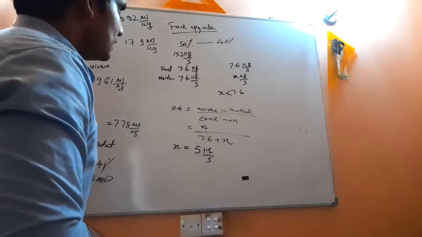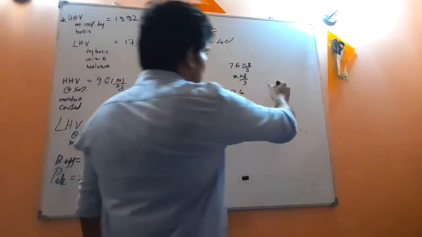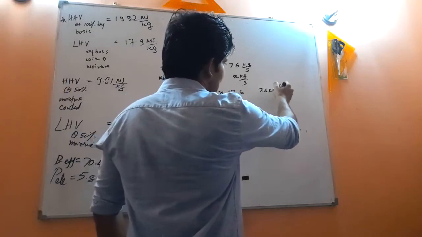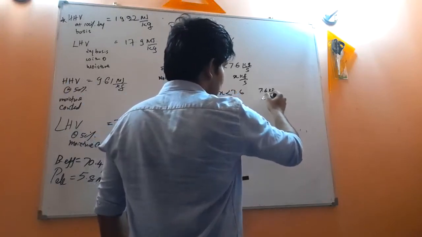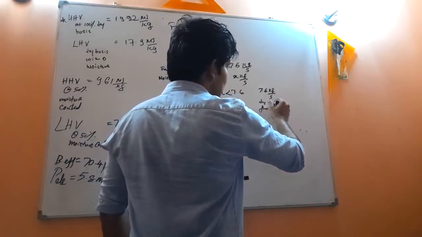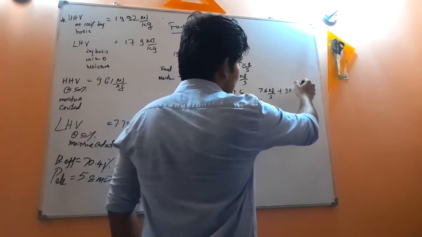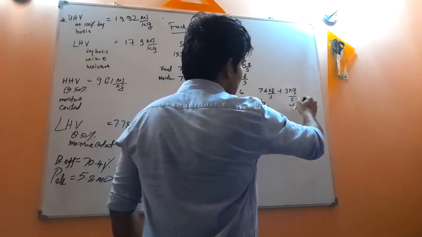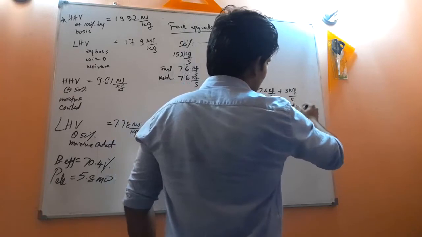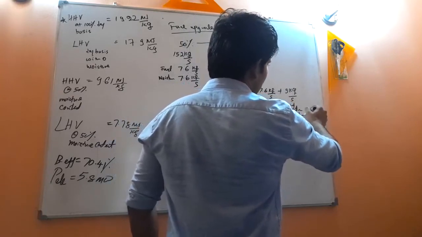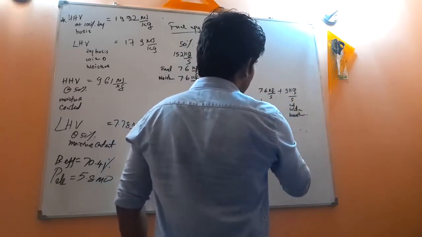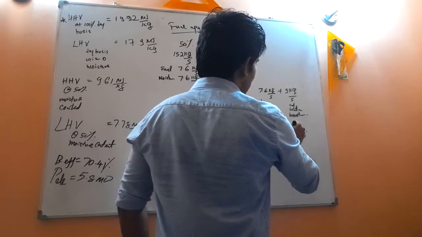It is 7.6 kilograms per second of dry fuel plus 5 kilograms per second of water moisture. That is 12.6 kilograms per second.